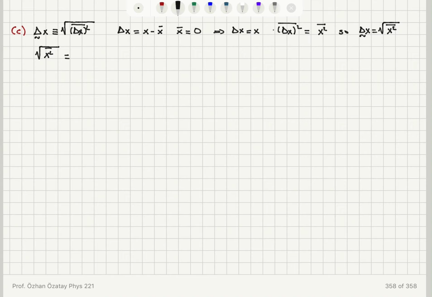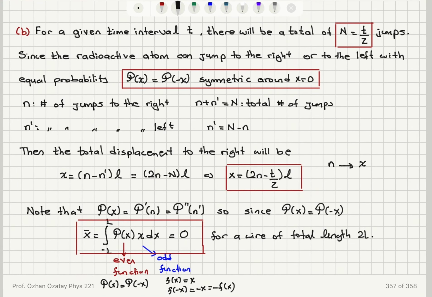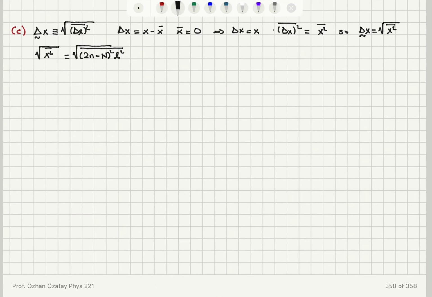So the square root of x squared bar is the square root of the average value of 2n minus capital N, squared, times L squared, because it was 2n minus capital N times L. L squared is just a constant, so it comes out of the average as L, and we get L times the square root of the average value of 2n minus capital N squared.